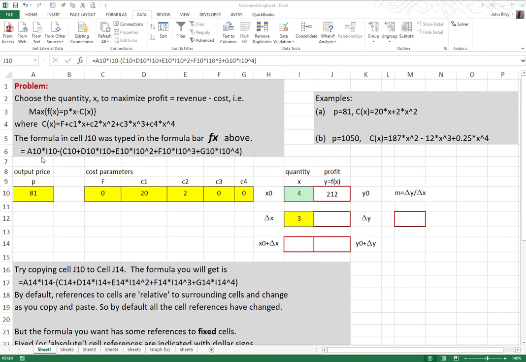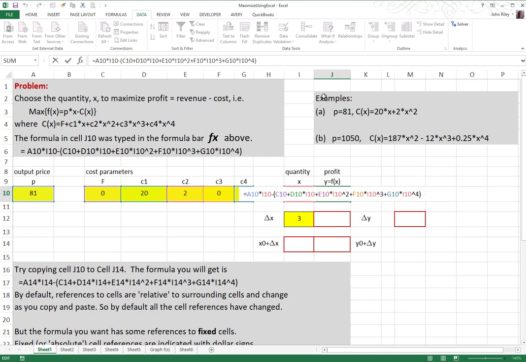The price is cell A10 times the quantity, which is cell I10. There's the revenue. And then I've got all these terms, starting with C10, the fixed cost, and then D10 times x, which is I10, and so on. So that's the formula. So all we have to do in this cell over here, I'll click on it, and we can see it all written out here.